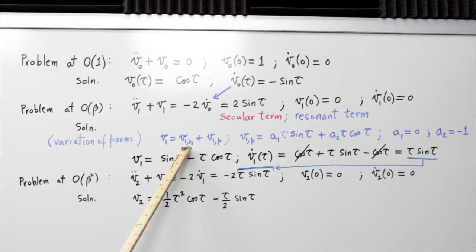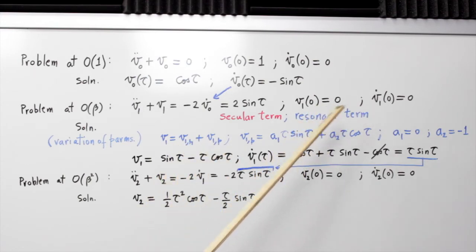The homogeneous solution can be found very simply as some arbitrary constant times sine of tau plus some other arbitrary constant times cosine of tau, and then imposing these initial conditions.